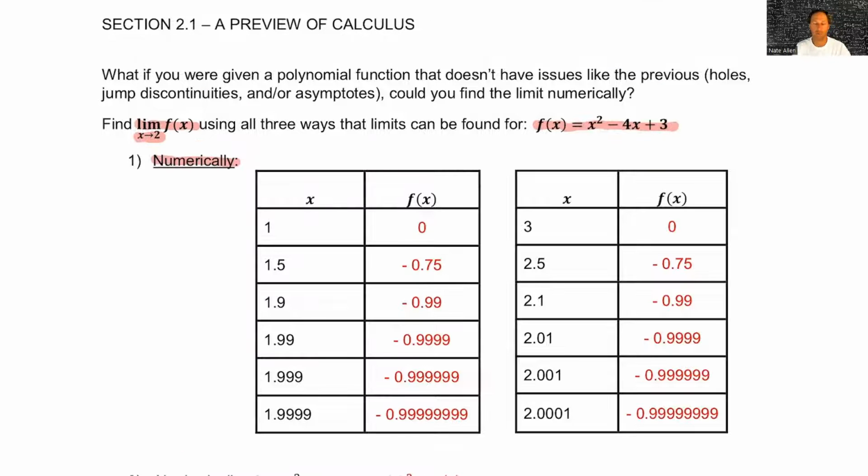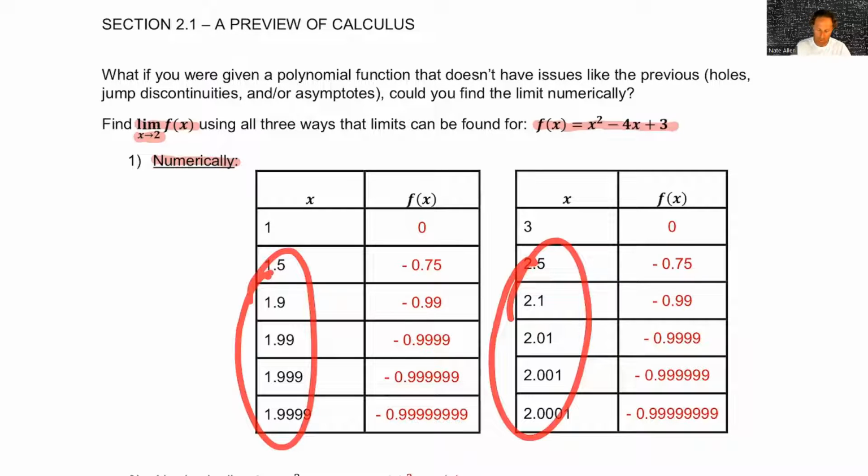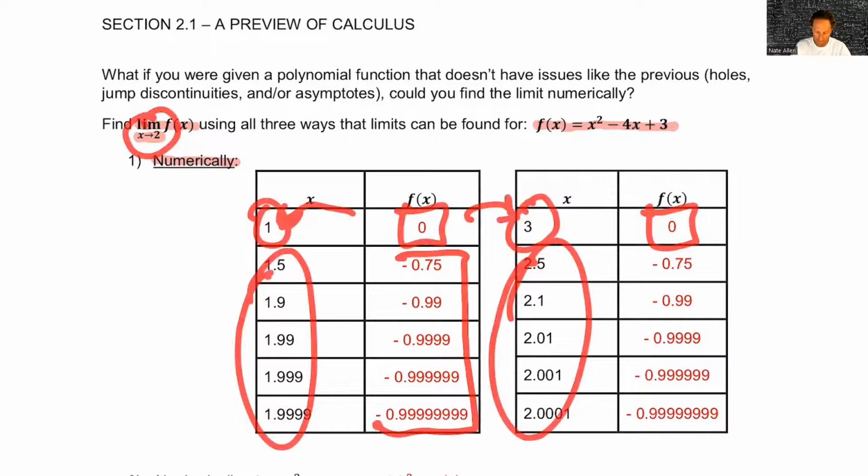All right, hopefully you gave yourself a chance to plug in all these values and come up with the answer. Now remember, you do have to, unfortunately, plug in more values than just a little bit to the left and a little bit to the right of our 2. Because if you just plugged in 1 and 3 and you're like, oh, okay, sweet, we got the same thing, it's probably 0. Well, notice all the other values were not 0.